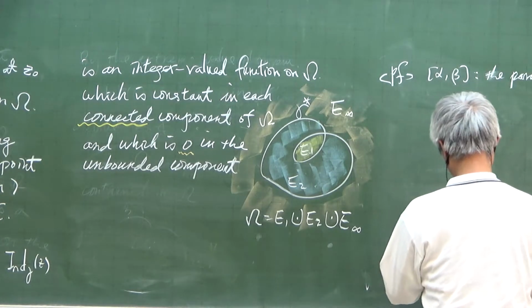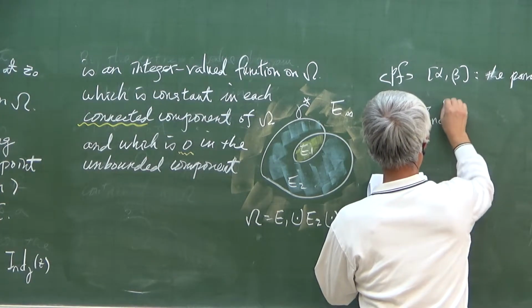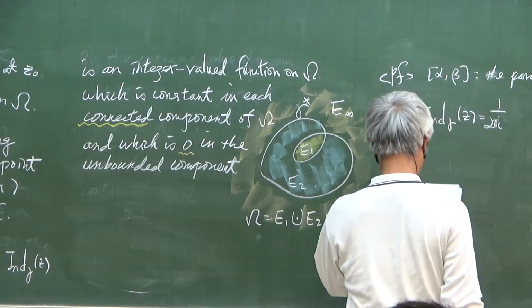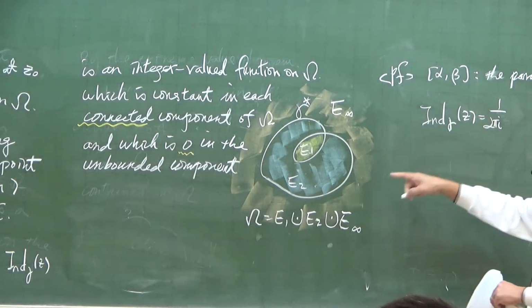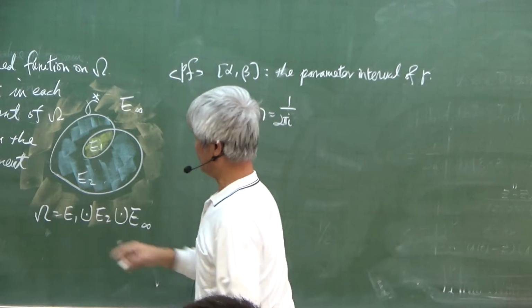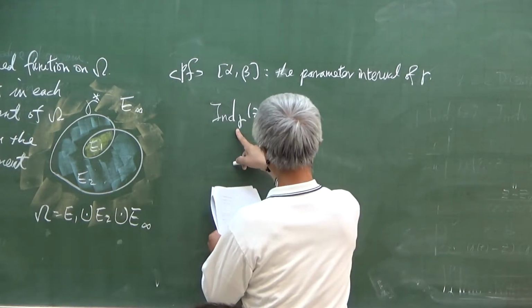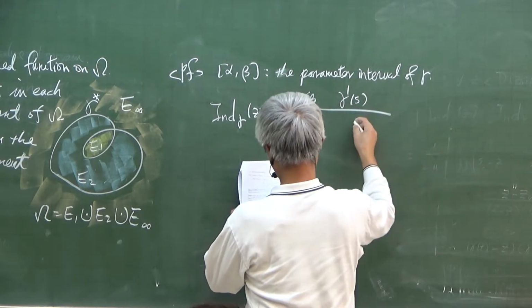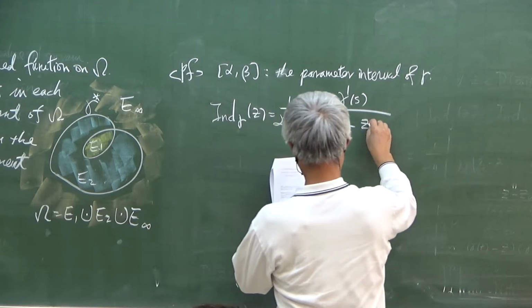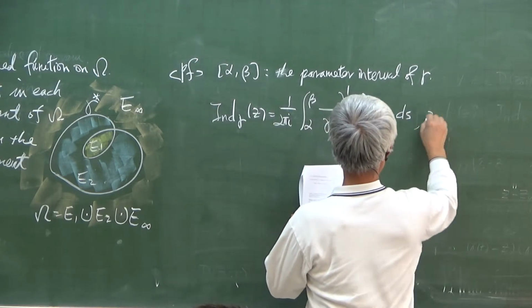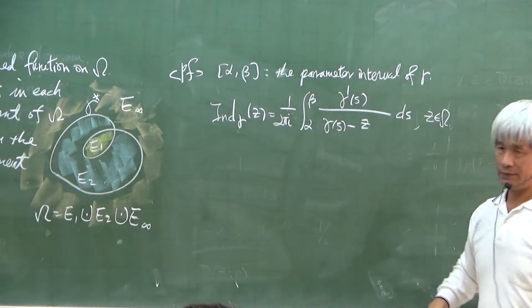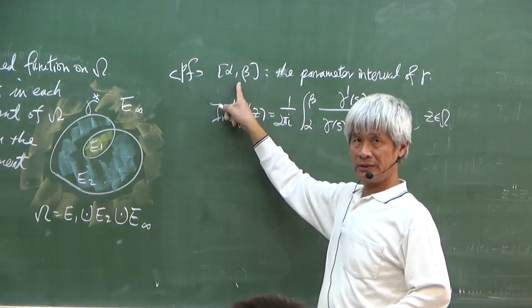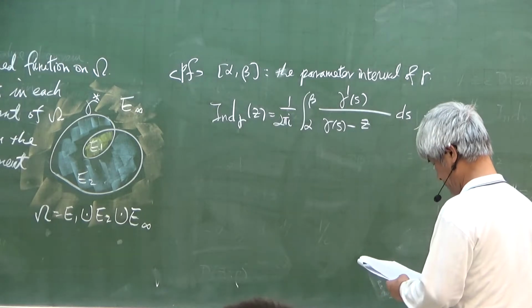By definition, the index of z in omega with respect to the closed path gamma is the line integral, from our definition of index. So it's just a line integral.